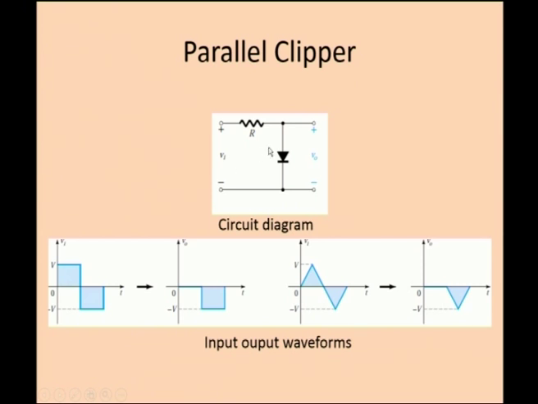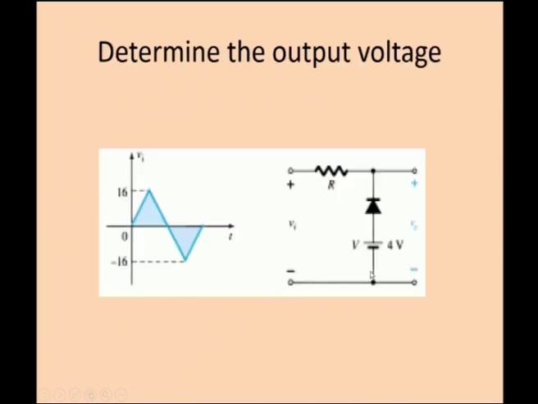In series clipper, we have seen only during the forward bias the output follows the input, but in the parallel clipper only during the reverse bias the output follows the input. So, if you give a positive signal, the positive signal gets clipped off, and only for the negative signal the output follows the input. Similarly, for the triangular waveform also.